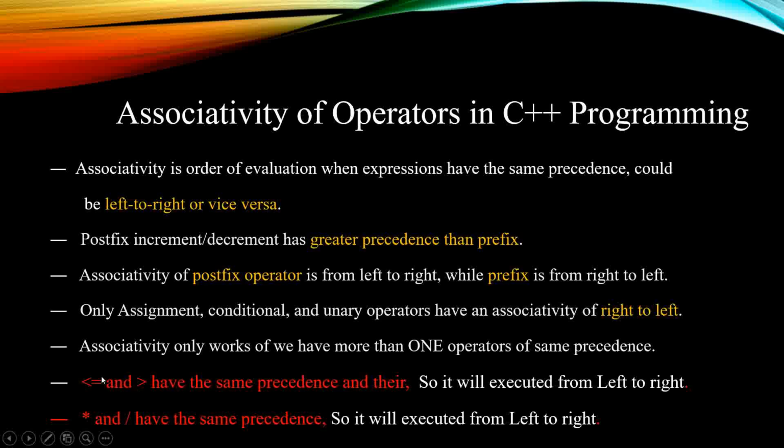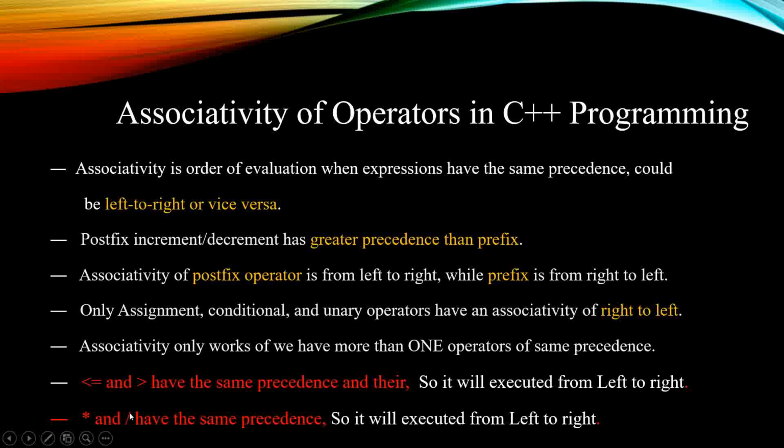So then it will execute from left to right. If you find both in one expression, you start from the less than or equal to, then the next one is executed, so this will execute from left to right. And also multiplication and division have the same precedence, so then it will execute from left to right.